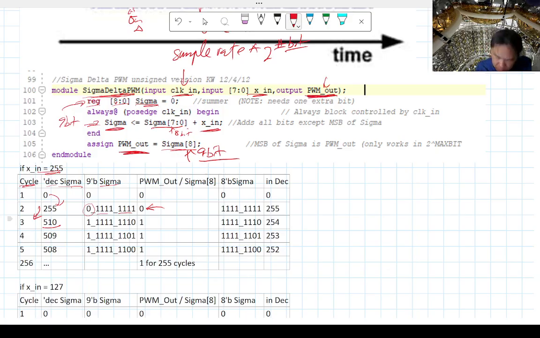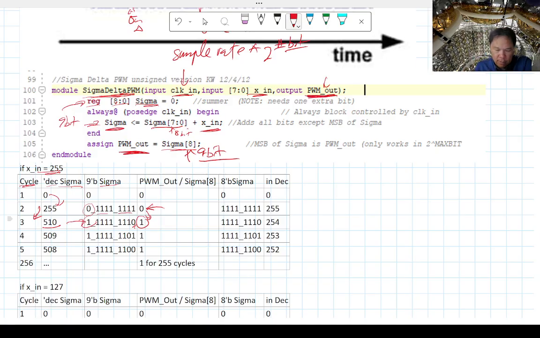If I convert that to binary, I get a 1, then a bunch of ones, and the least significant bit is 0 because it's not 511, it's 510. So in this case, the 9th bit went from 0 to 1.